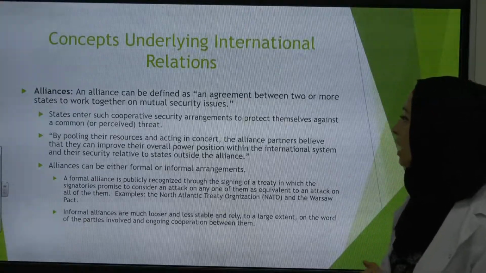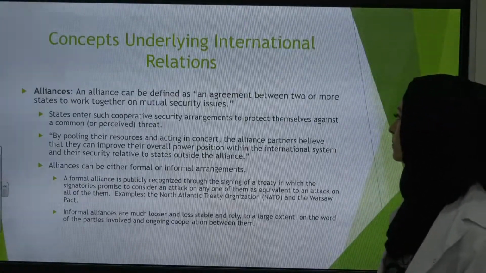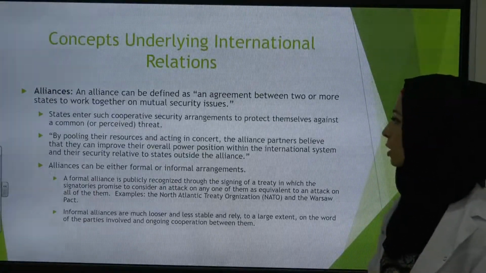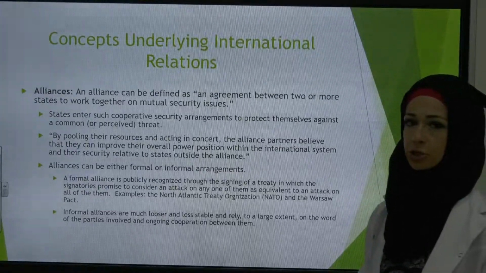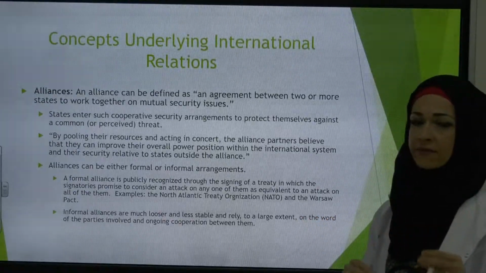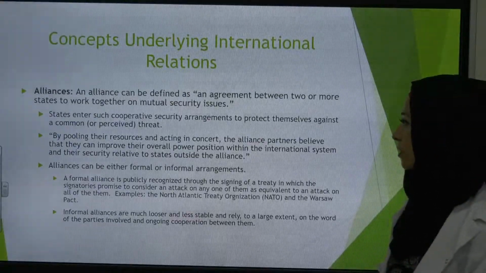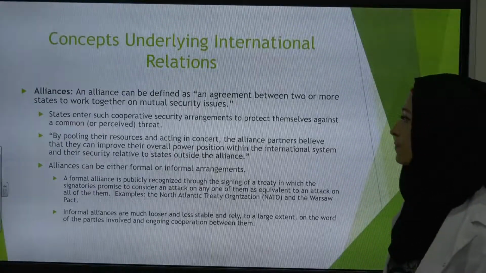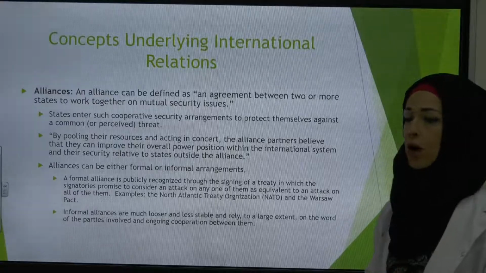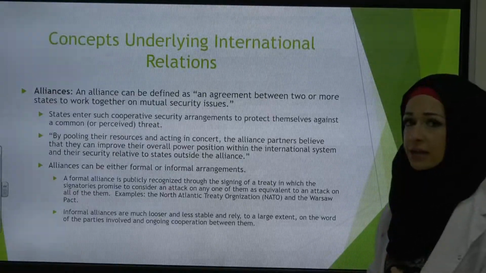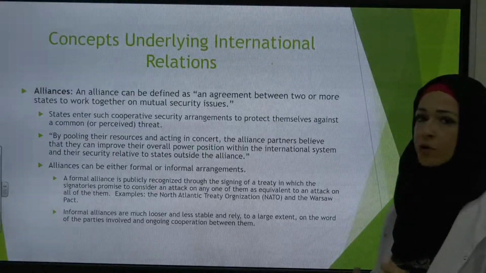Alliances. Now, an alliance can be defined as the agreement between two or more states to work together on mutual security issues. States enter such cooperative security arrangements to protect themselves against a common or perceived threat.